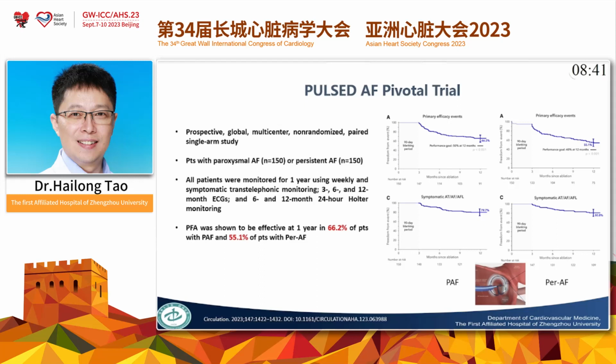In this trial, it has been shown that PFA is effective at 1 year in 66 percent of patients with paroxysmal atrial fibrillation and 55 percent with persistent atrial fibrillation.